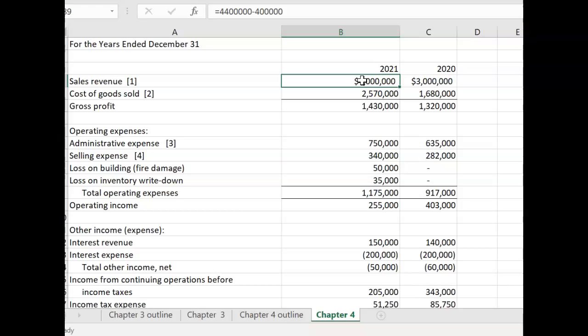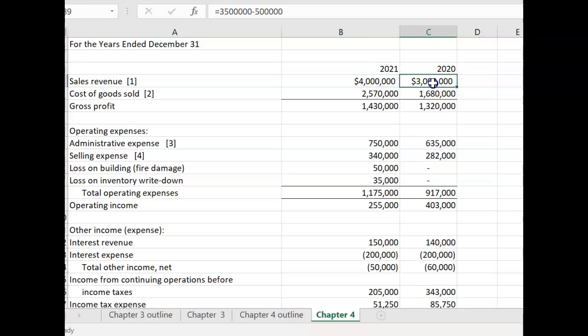So the first set of income statement accounts for Reed Company included both amounts, so it'd be $4.4 million, and then we would subtract the sales revenue of $400,000 to have sales revenue reported of $4 million, which excludes the component unit income for 2021.